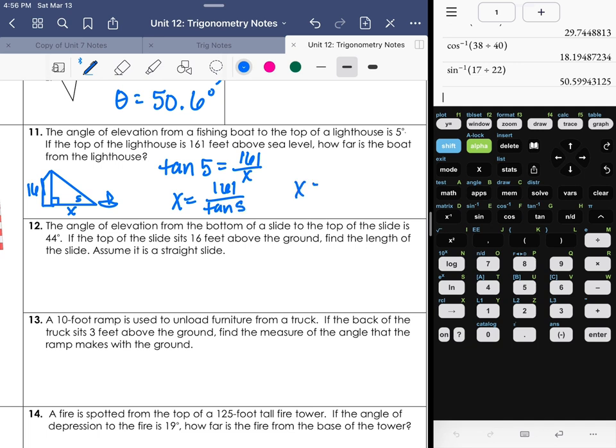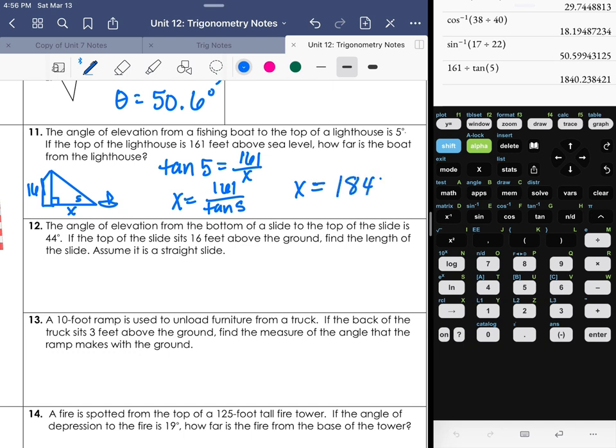So x is 1,840.2 feet. Don't forget to put feet on there. So that boat is quite a ways away from the lighthouse. So that's your answer there.